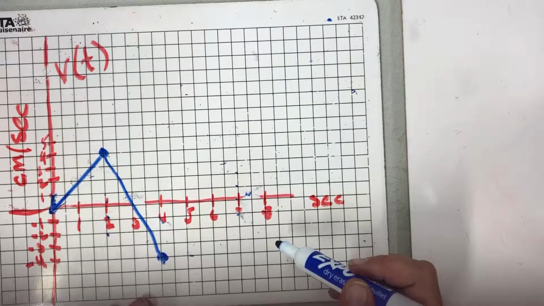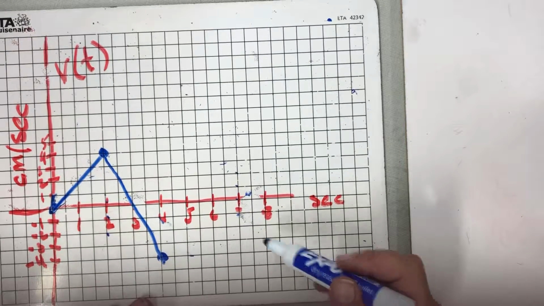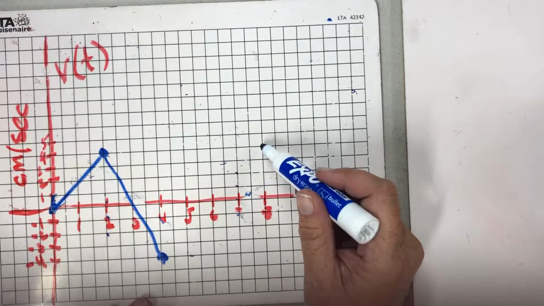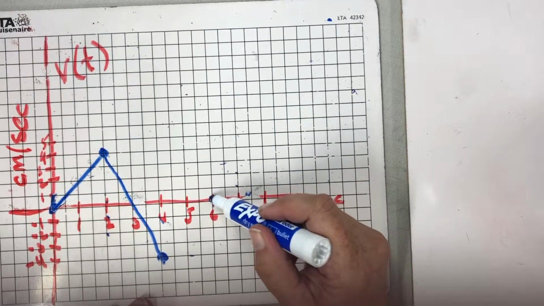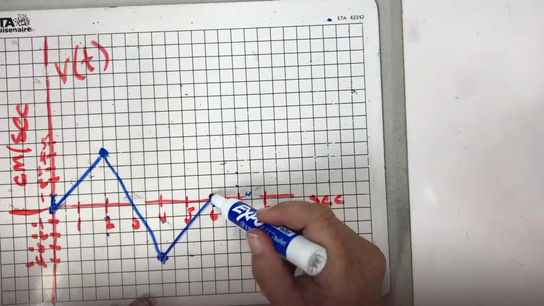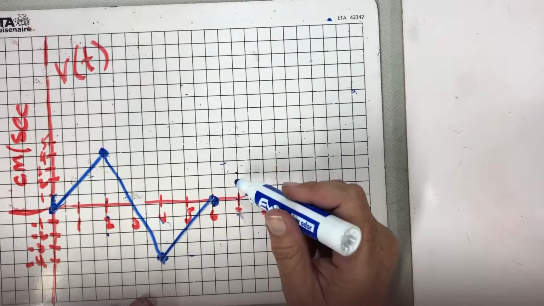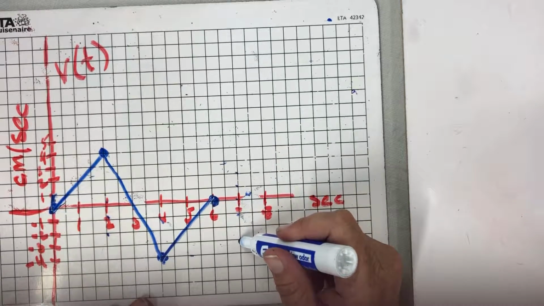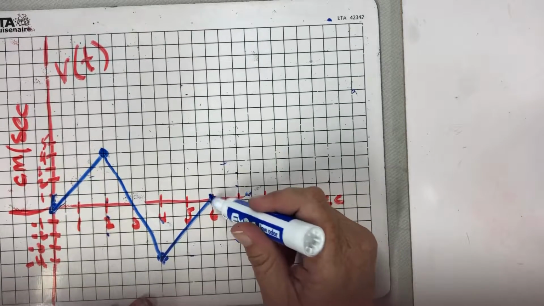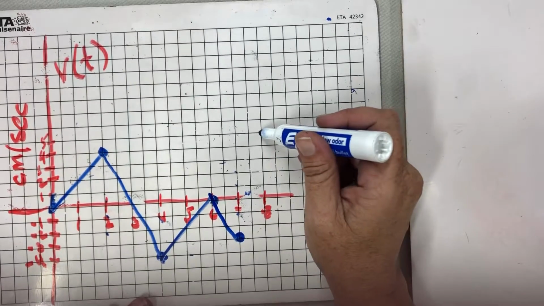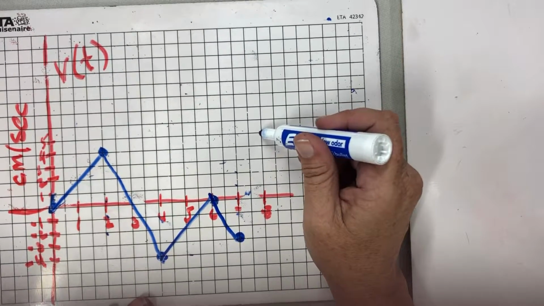Then I'm going to put a point at, let's see, 6, 0. Then a point at 7, negative 3, and a point at 8, 5.